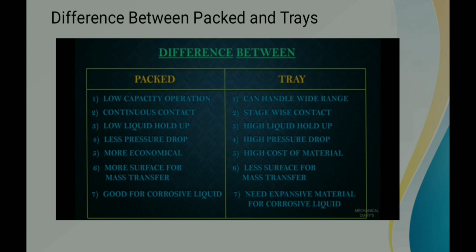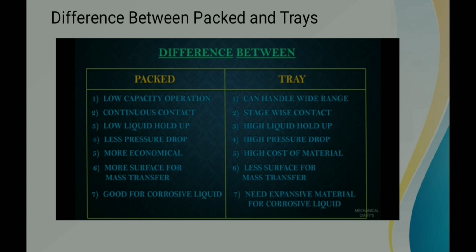For kerosene as a liquid, a packed tower is a good holder since it's made of steel and ceramic. But with the tray, the material is expensive for kerosene as a liquid. You need to spend a lot of money for the tray column as well.